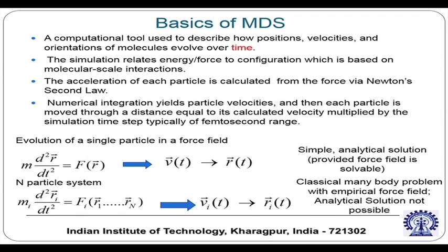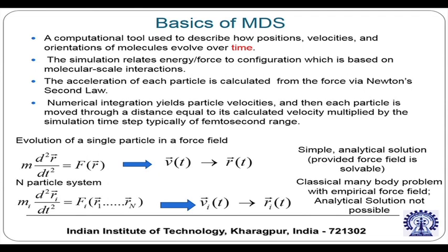So now when you write the resultant force, I will show you that we actually do not write the force directly, we write it as a negative of gradient of some potential, because potential gives the interaction between a molecule with another molecule or an atom with another atom much more explicitly.